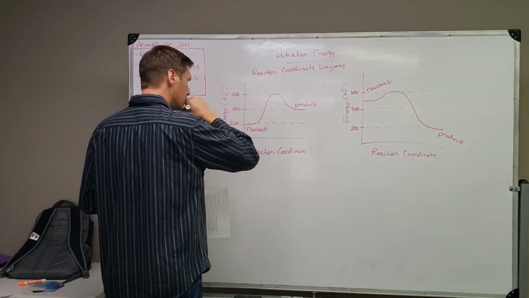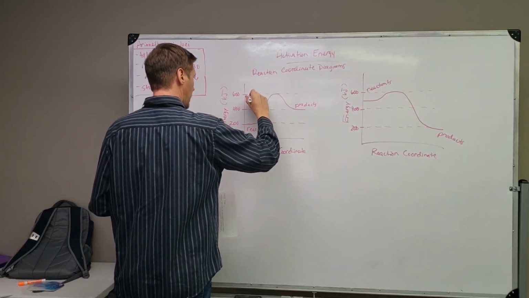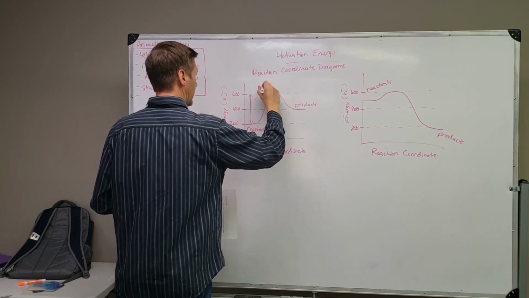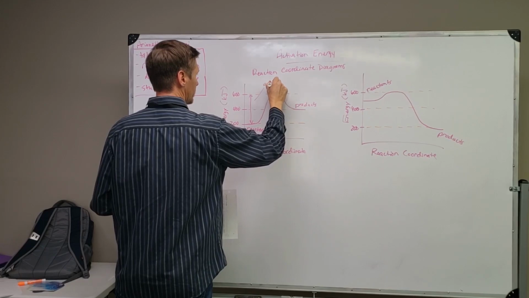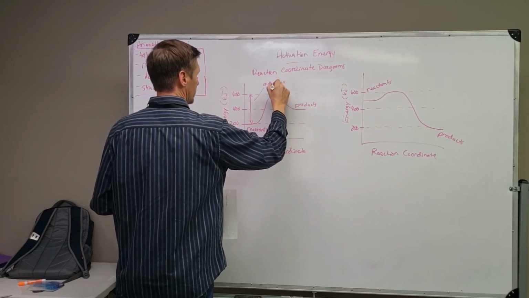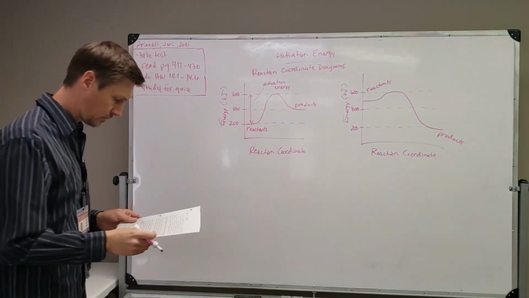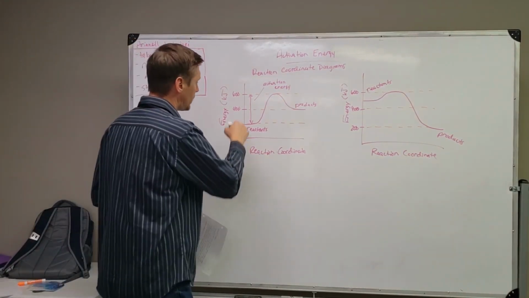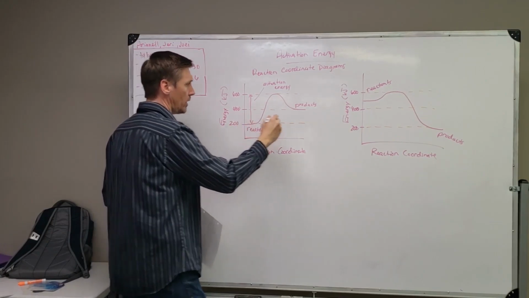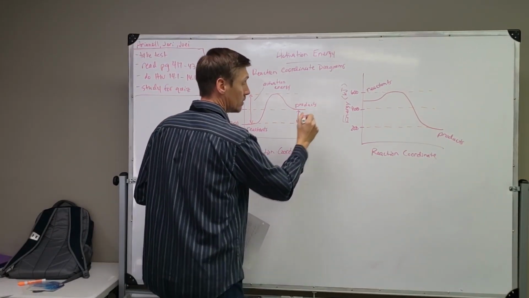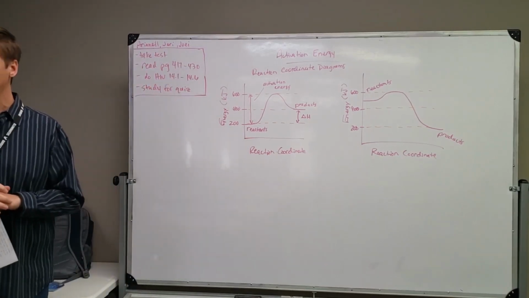And this value from here up to here, that's our activation energy. And then the difference between the energy that we start with and the energy that we end with, that's our change in H for these diagrams, okay?